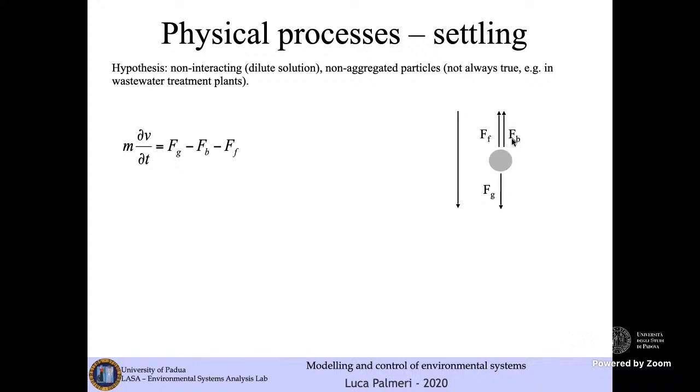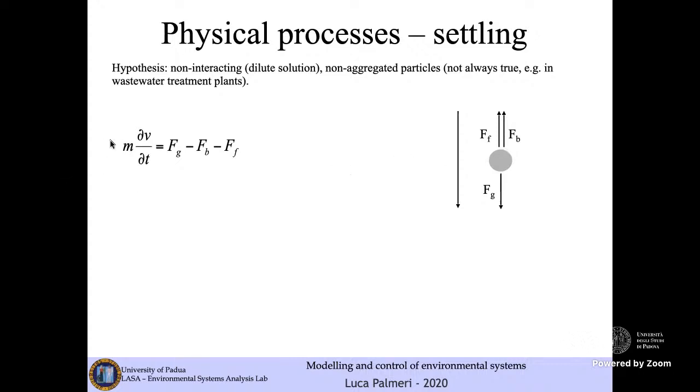That is the buoyancy force, so Archimedes' principle. So this describes the fact that particles in a water column may be buoyant, so are floating, and the other force is a frictional force.